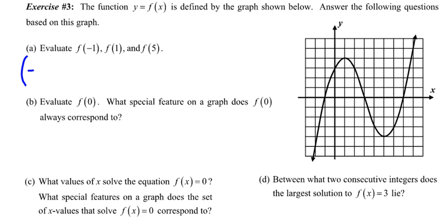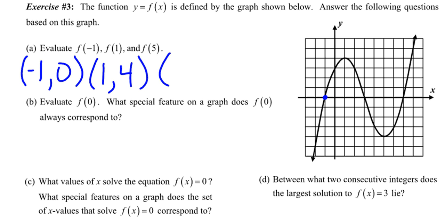So when x is -1, okay, so you go back 1, what is y? 0. When x is 1, you go over 1, 1, 2, 3, 4, x is 1, or y is 4. Okay. See if you can figure out what your y value will be when x is 5.